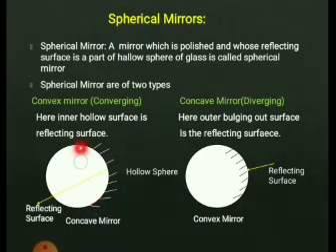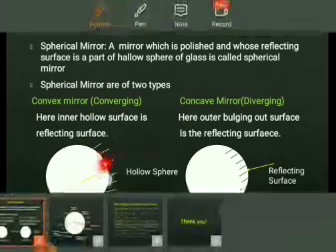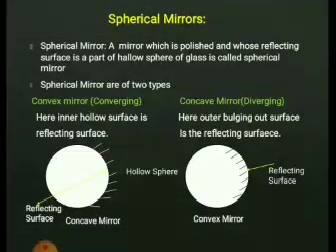This is indicated over here. A hollow sphere is coated on this portion, and inside it becomes a reflecting surface. When a spherical mirror is bulging inwards and the reflecting surface is inward, it is termed a concave mirror.